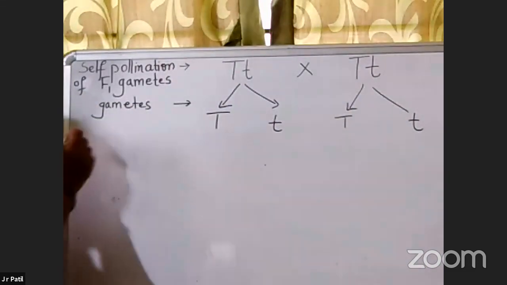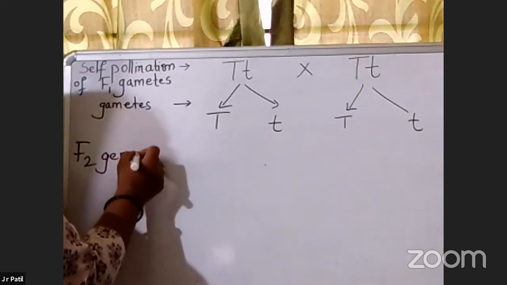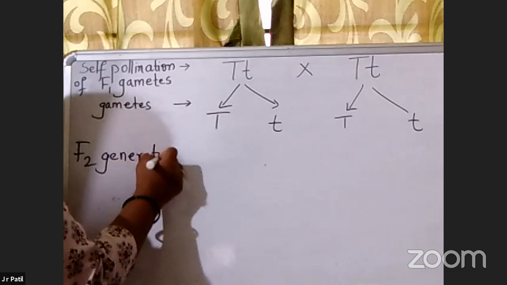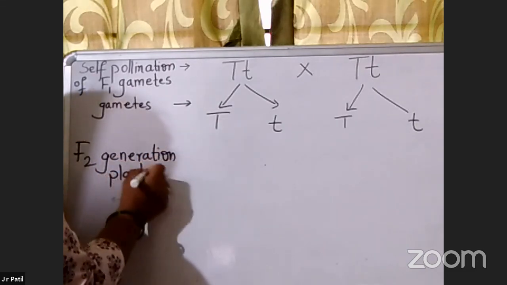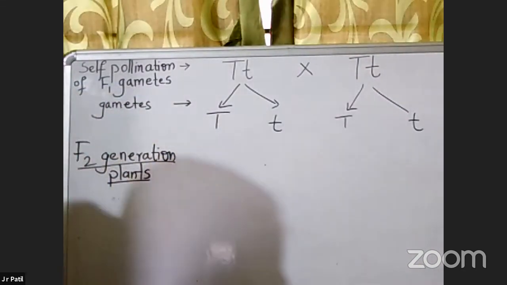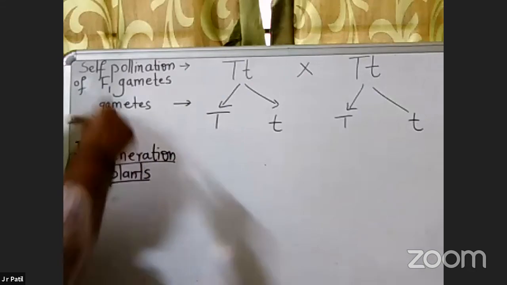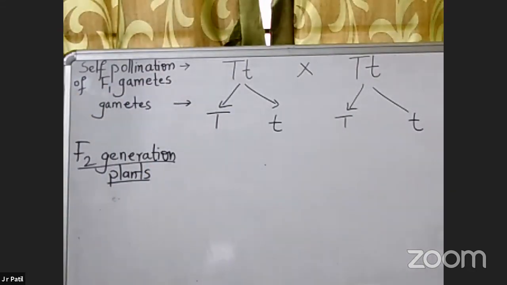Those plants we will call F2 generation plants. When he is doing cross-pollination, he is getting F1 generation plants. When he is doing self-pollination, he is getting F2 generation plants.